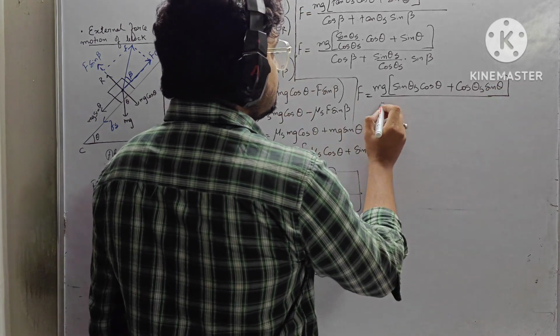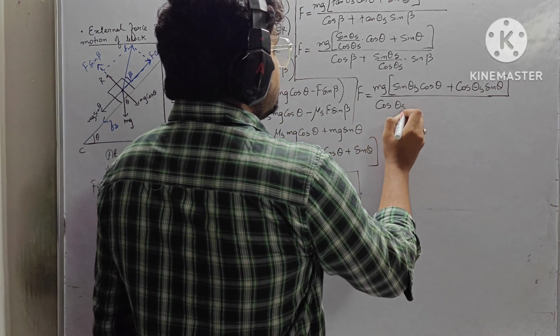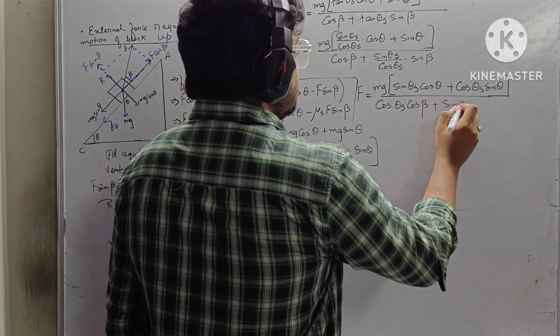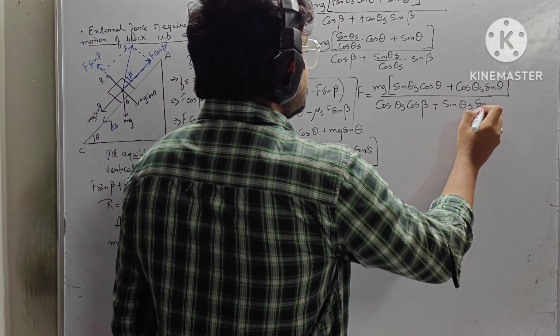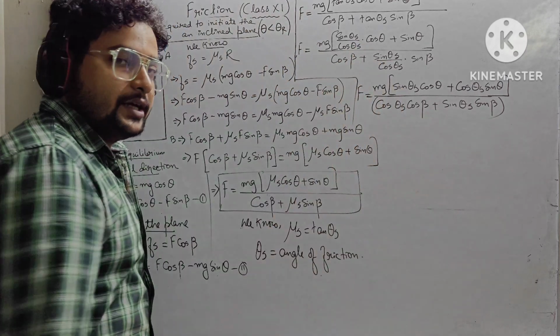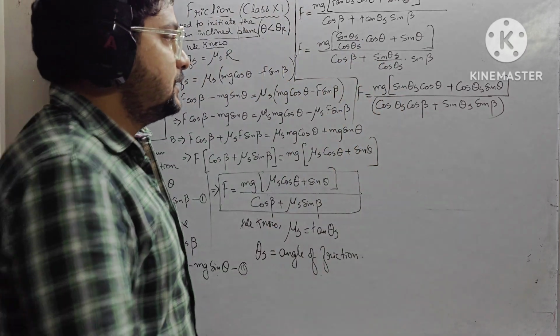Over here cos theta s is cos beta plus sin theta s is sin beta. The denominator cos theta s is going to be cancelled.